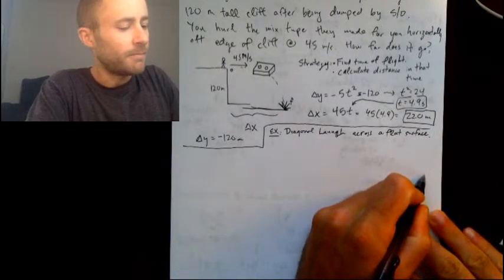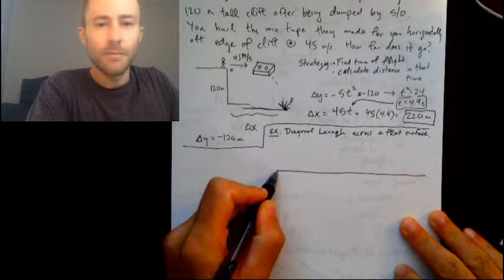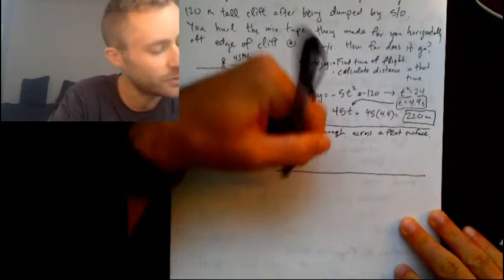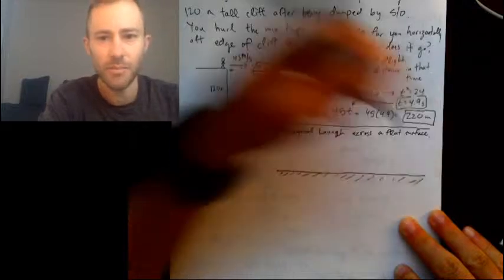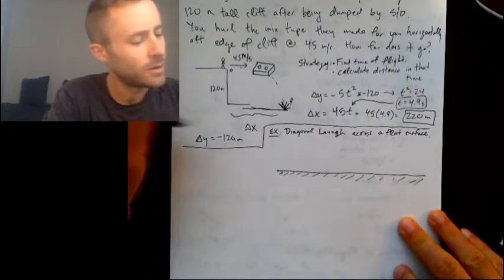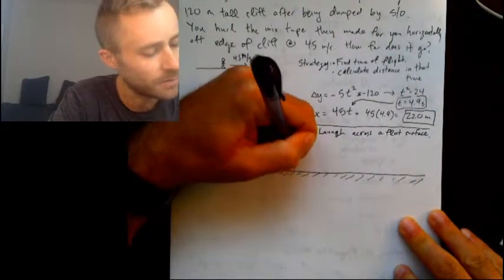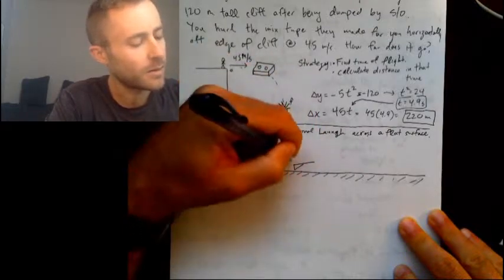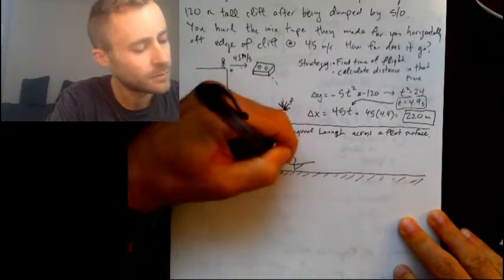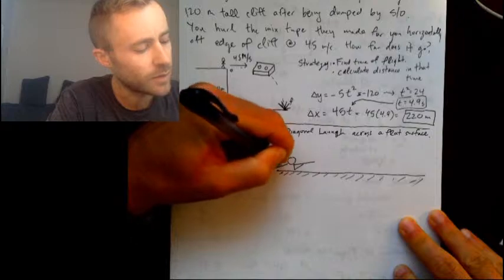So let me draw it. Here's the flat surface. And this problem is going to be like a military sniper. Okay? So here's a sniper rifle. Here's the sniper.